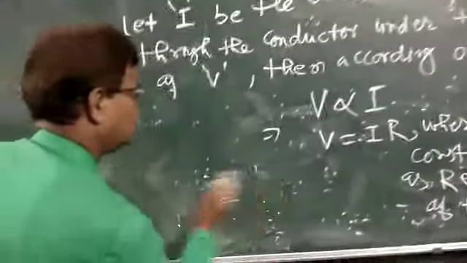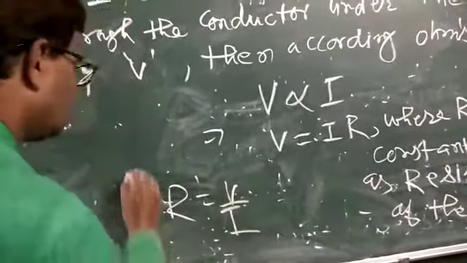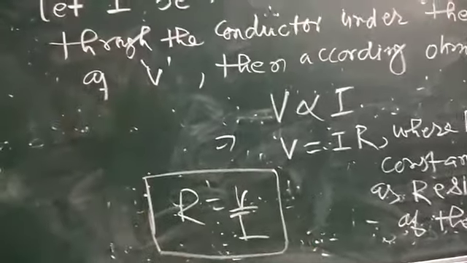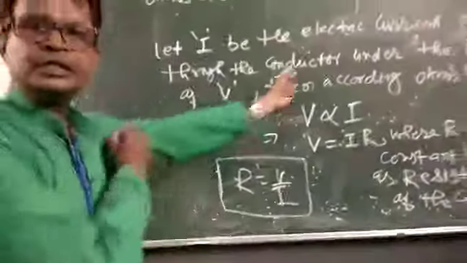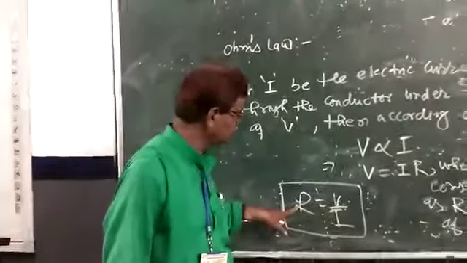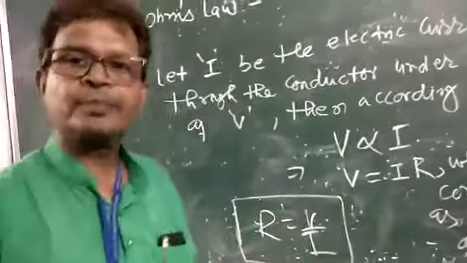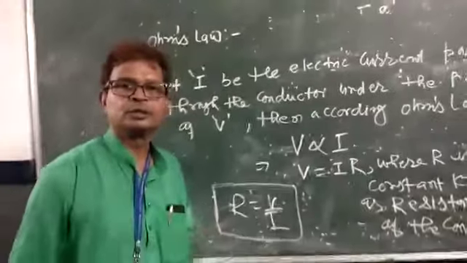This may be written as R is equal to V by I, and this is the real expression of Ohm's law. In this expression, R is the resistance of the conductor, V is the potential difference of the conductor, and I is the current passing through the conductor.